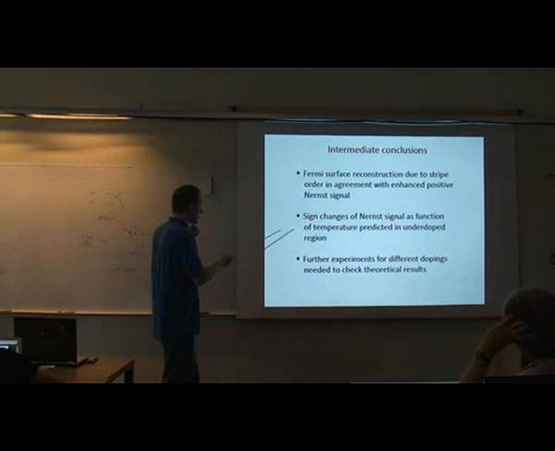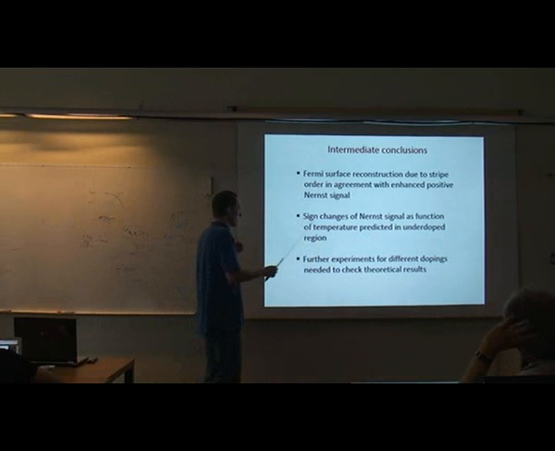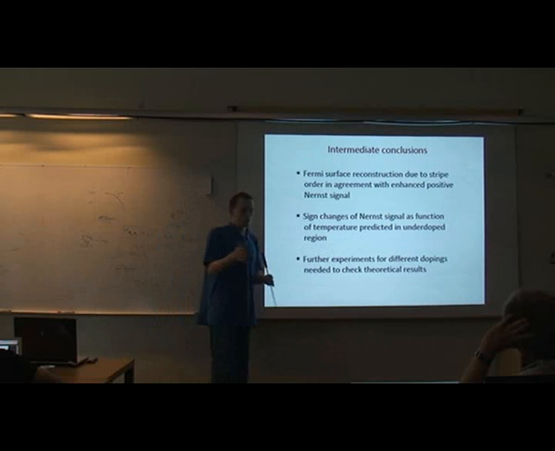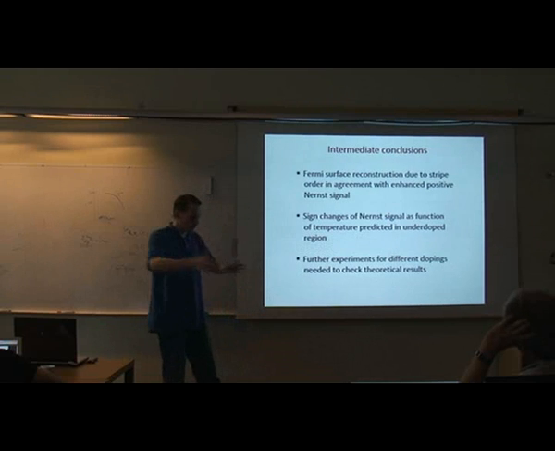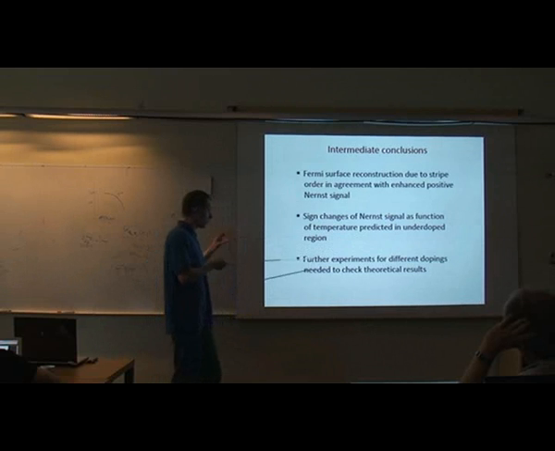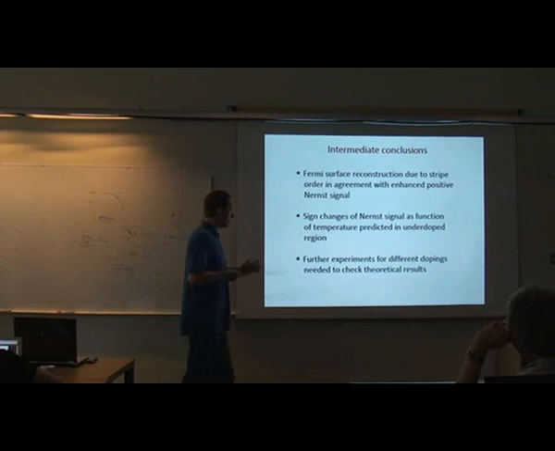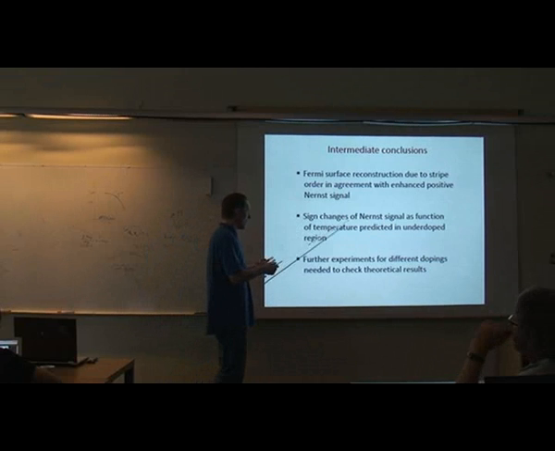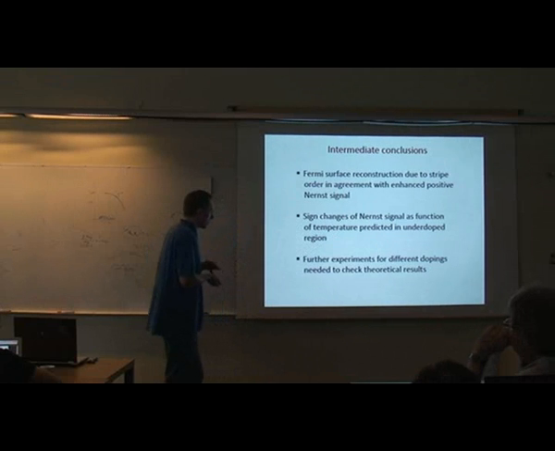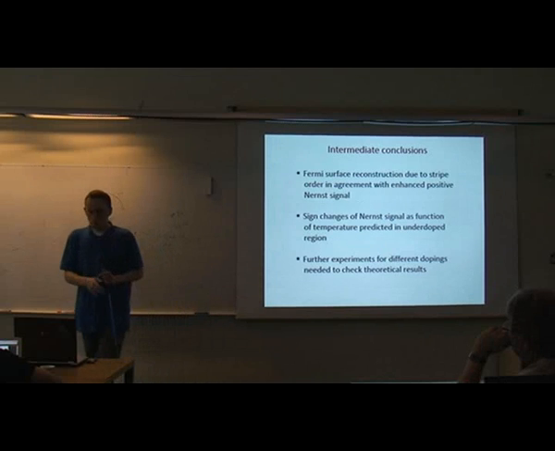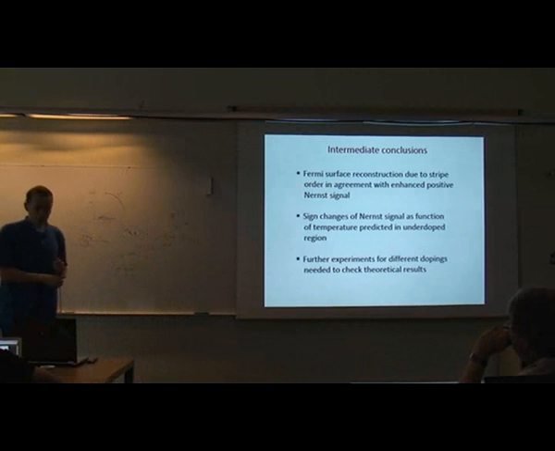Also, this calculation suggests that some sign changes can occur in the Nernst signal if you go to the underdoped region, where you have higher periods of the stripe patterns, like this period 10 I showed you. So this calls for experiments in the underdoped region to possibly detect sign changes or other features of this Nernst effect, if you'd like to agree with this quasi-particle picture I present.